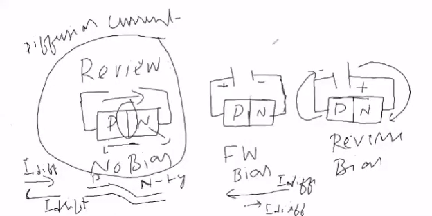As a result, the depletion region width increases in reverse bias. So yesterday we discussed all that.